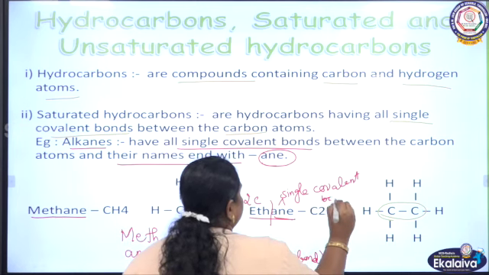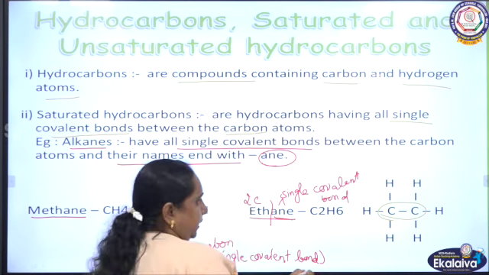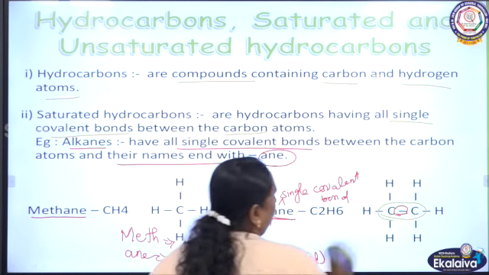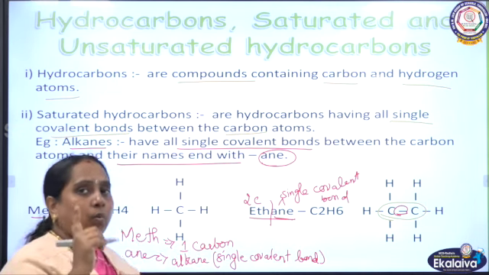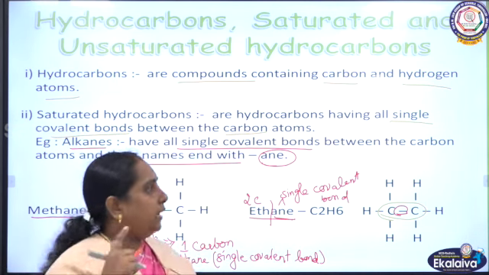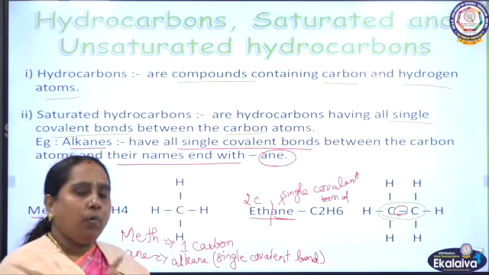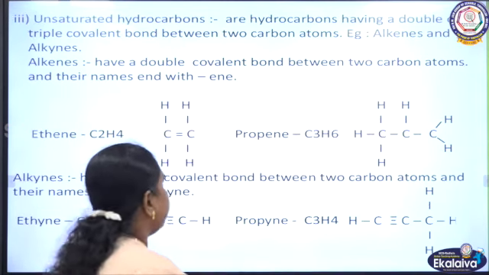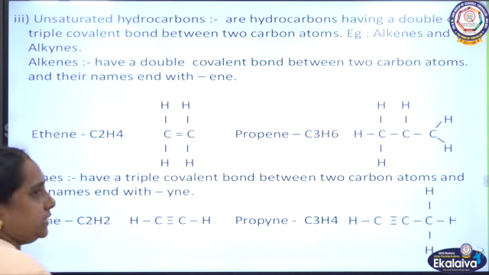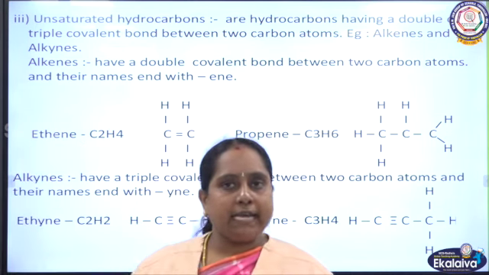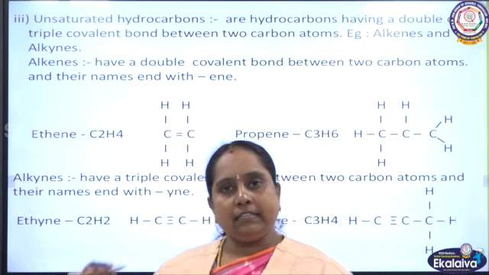If you check the structure of this ethane, it shows that it contains one single bond between carbon and carbon, which means that one electron of the first carbon and one electron of the second carbon are mutually shared to form one single bond. Next, unsaturated hydrocarbons. As I said, unsaturated hydrocarbons are of 2 types generally, alkenes, alkynes.